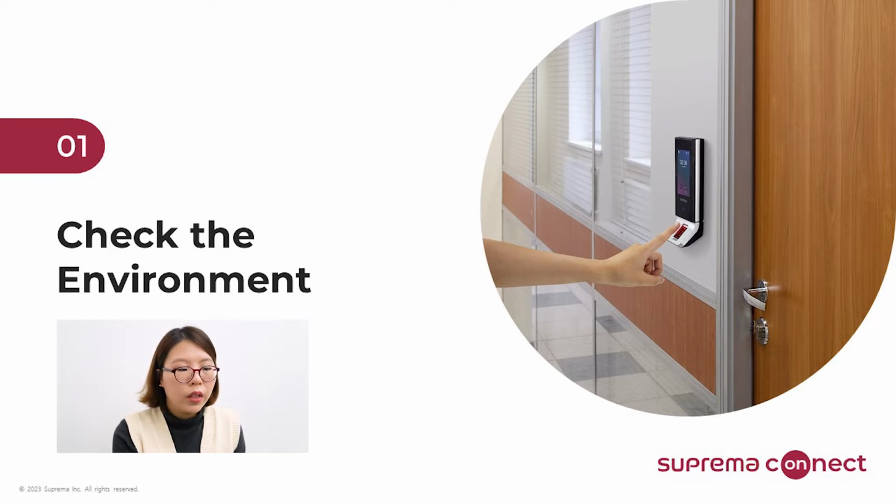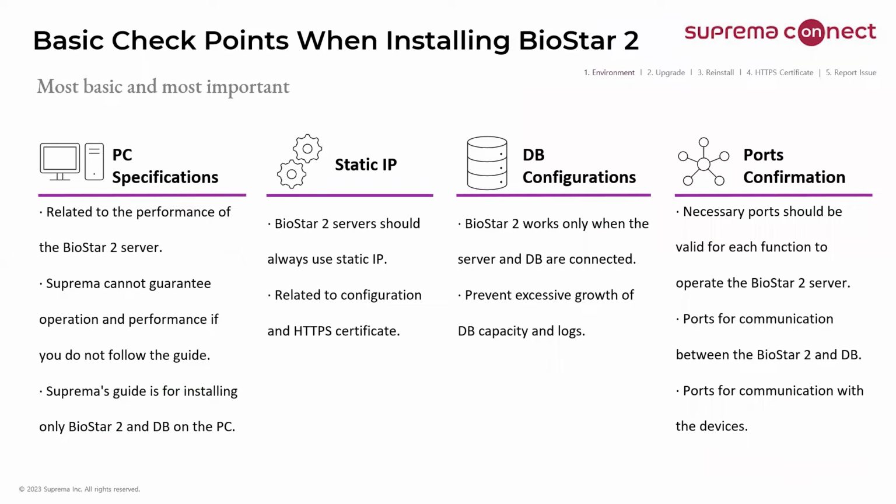Check the environment. As you all know, it is not easy to change the server's environment once installed, or to move the server, due to the nature of the security server. So, if you want to use the BioStar 2 server, I'd like to ask you to double-check the 4 items you see on the screen before installing the product.